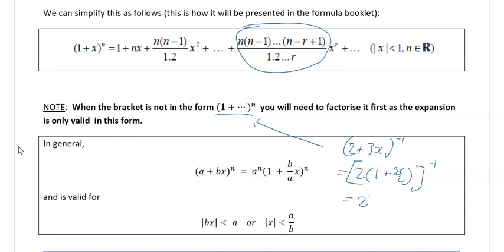That would be 2^(-1) times (1 + 3x/2)^(-1), and 2^(-1) is the same as a half, so it's really a half times (1 + 3x/2)^(-1). Definitely easier to just jump to the numerical examples and see how this works. It's very confusing just looking at it algebraically.